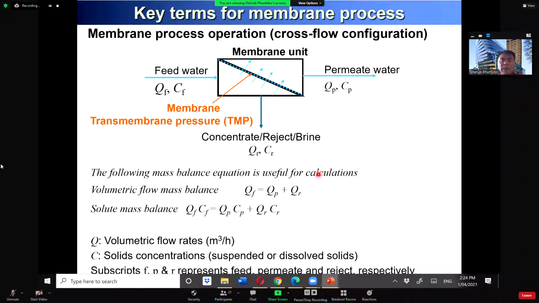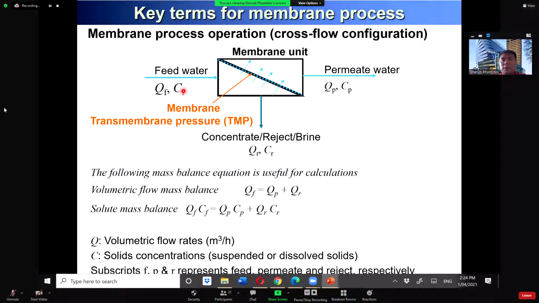You can have a mass balance of the flow, a volumetric mass balance, and you can also have a mass balance of the solid concentration or contaminant. Say, for example, if it is seawater and you're talking about the dissolved solids, total dissolved solids, CF is the concentration of dissolved solids.